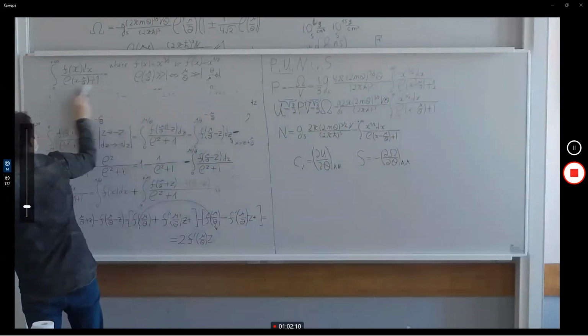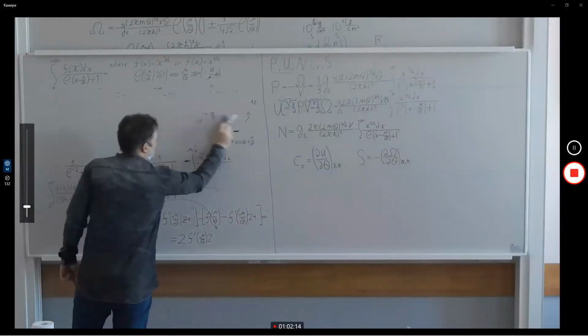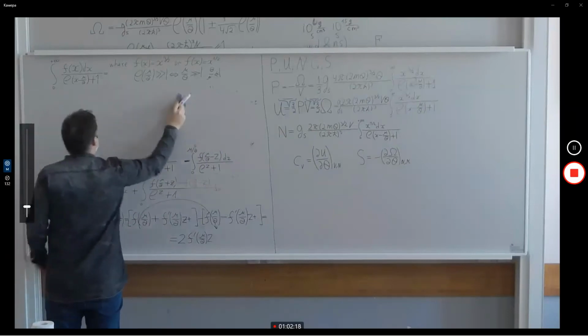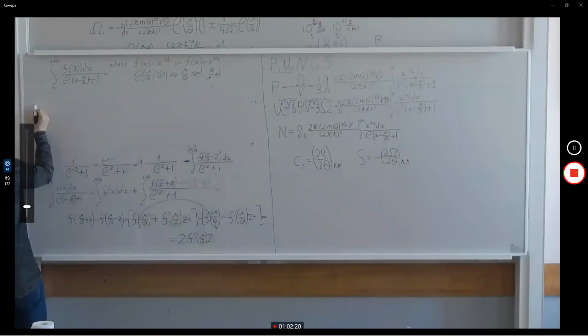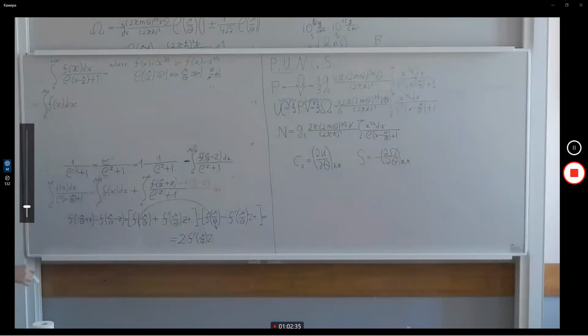Now we can write out the estimate for the integral in question. Integral from 0 to mu divided by theta of f of x dx.